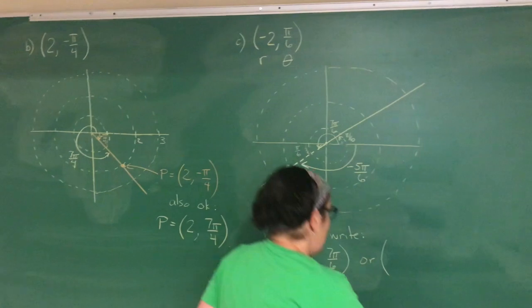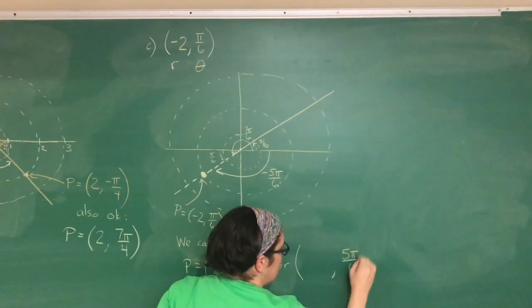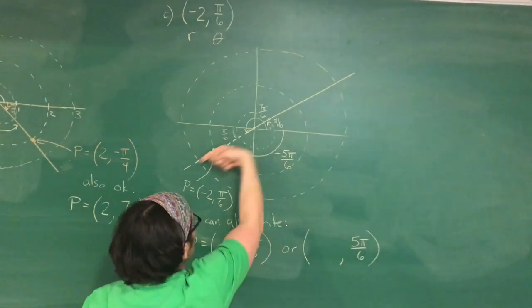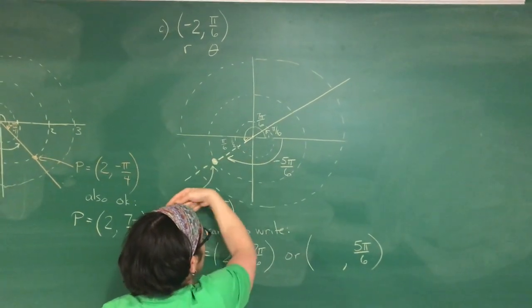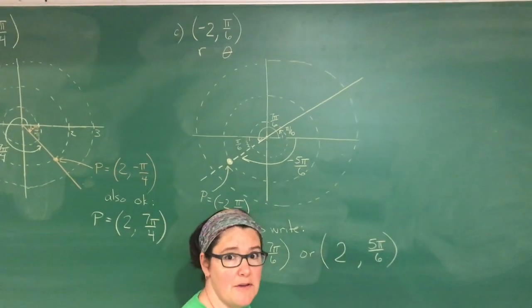So we could describe our point as a theta value of -5 pi over 6, and when we swing in that direction, the positive r is the direction that we're pointing, so we would have a +2 as our value.